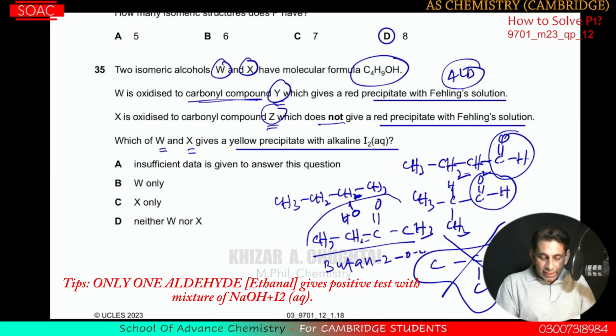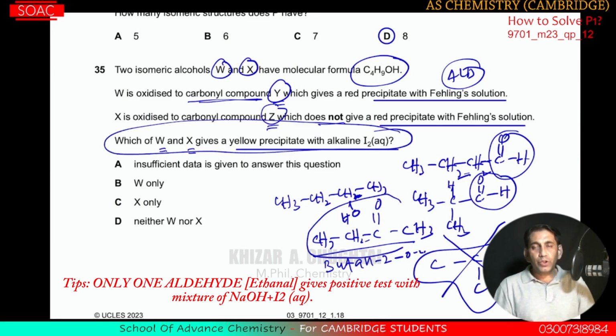Now the second step: which one, W or X, is going to give the positive iodoform test with alkaline iodine? That is a methyl ketone. So this methyl ketone can give the positive test. These aldehydes cannot give a positive iodoform test. They are not supposed to react with aqueous alkaline iodine.